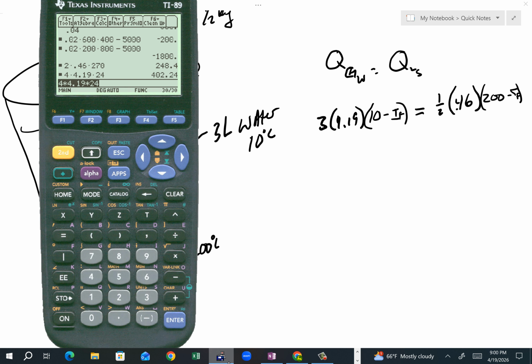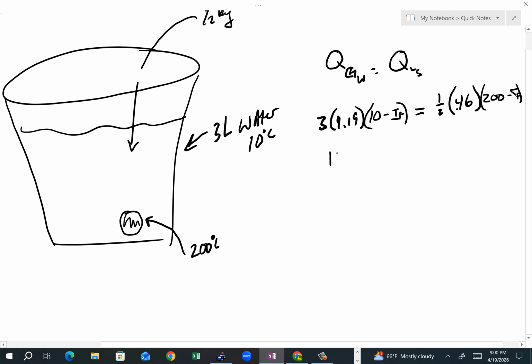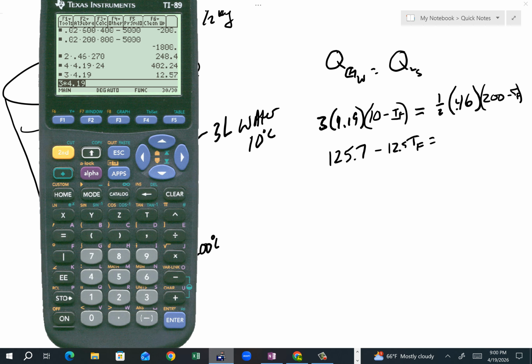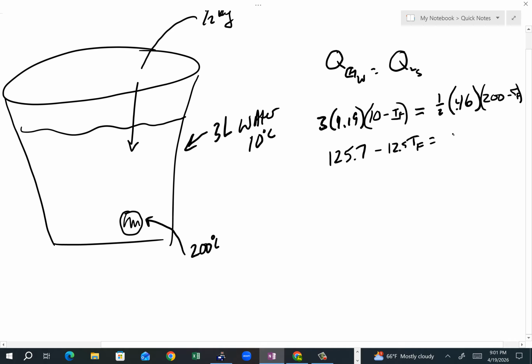So watch me pop this up. 3 times 4.19. All right, so this times 10 is 125.7. Minus 12.57 T final is equal to 0.5 times 0.46 times 200 was 46 minus 0.23 TF.